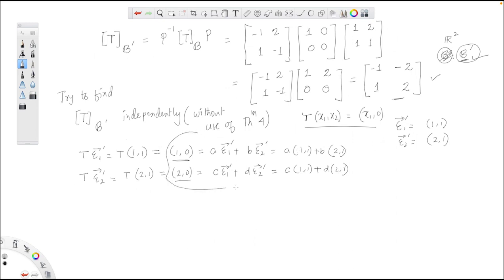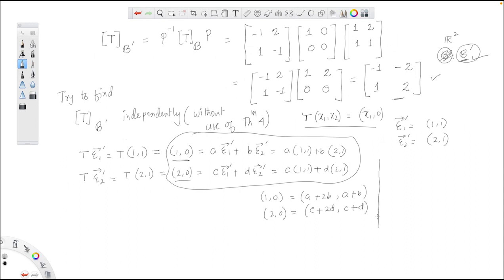So now we have a system of two linear equations, right? (1, 0) is equal to (A plus 2B, A plus B), and (2, 0) is (C plus 2D, C plus D).